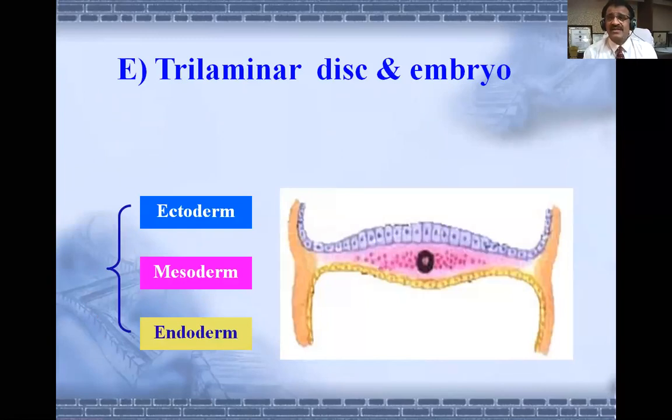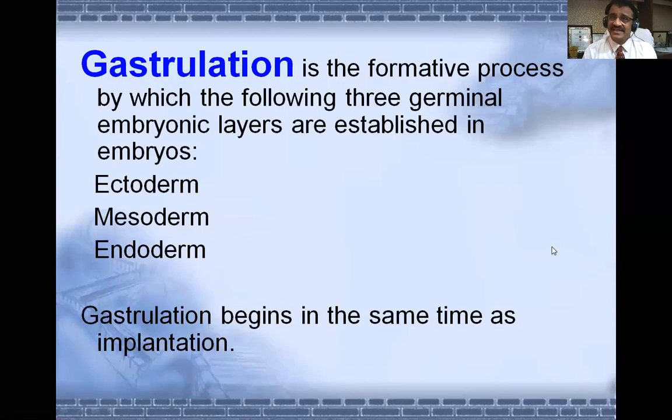The trilaminar disc and embryo: we discussed the three germinal layers yesterday, two of them in detail. We have to study them in more detail because we have to know the derivatives of all three germinal layers: ectoderm, mesoderm, and endoderm. You can see they are shown in color here: blue, pink, and yellow. We studied gastrulation yesterday.